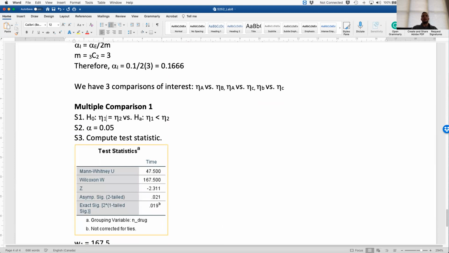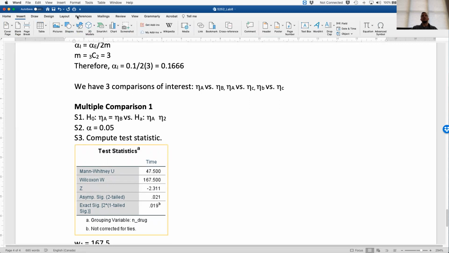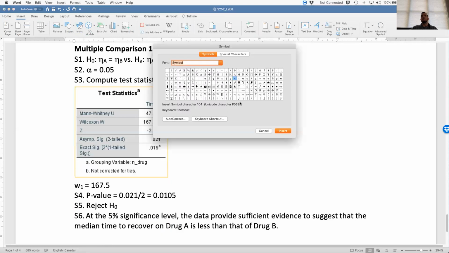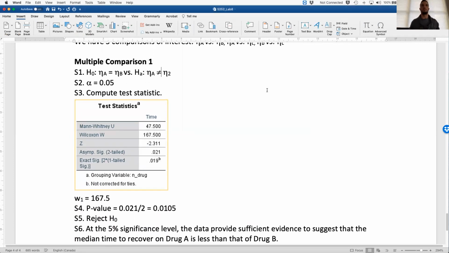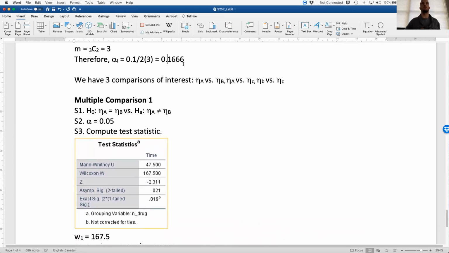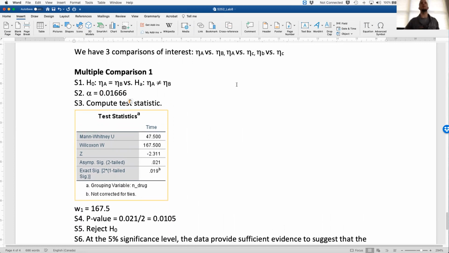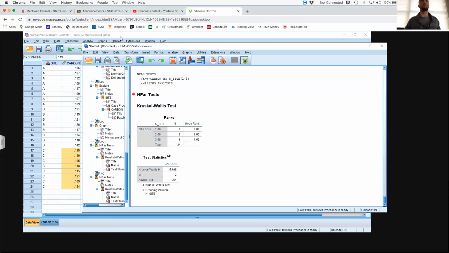We're going to have eta A versus eta B against the alternative that eta A is not equal to eta B. The significance level here is going to be what we computed above. Now we go back to SPSS.